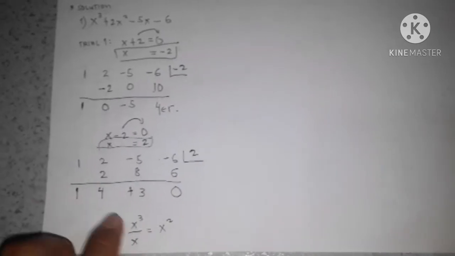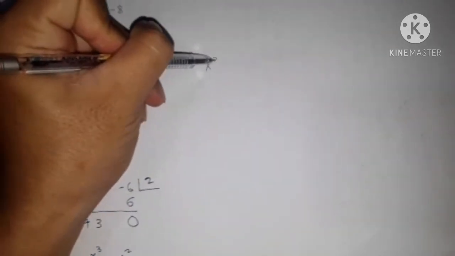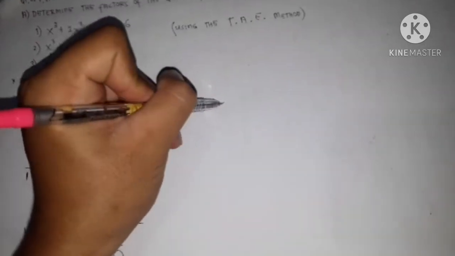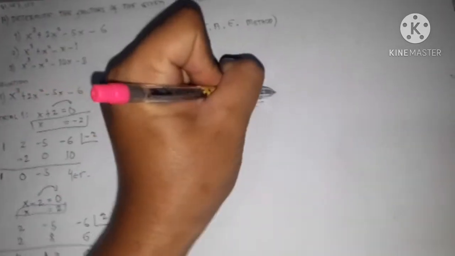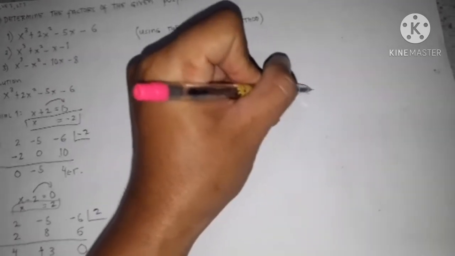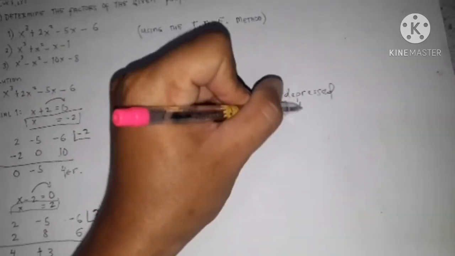Sulat natin yung first difference equation. You have 1 times x squared is x squared, and then plus 4x, and then plus 3 equals 0. Ito yung tinatawag natin na first difference equation.